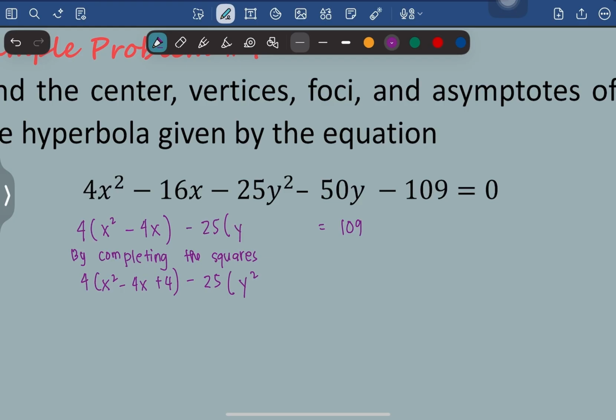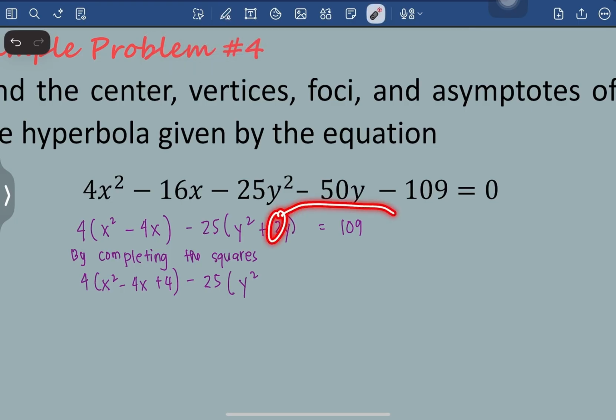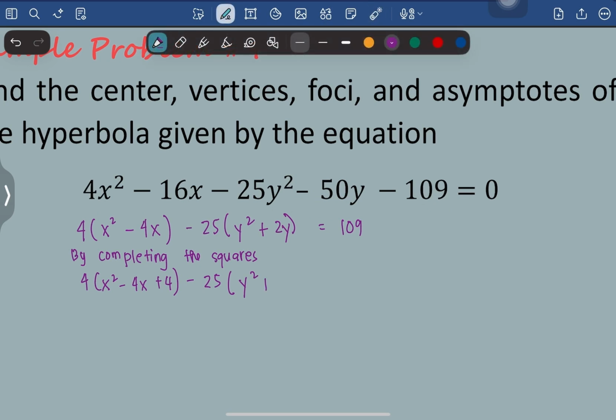25y squared plus 50 divide 25 is 2. So, ito naman, same procedure. Kunin mo yung half ng 2 equals 1, then yung squared niya is 1. So, mag-add ka po ng 1 equals 109.